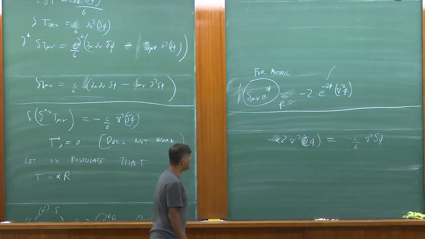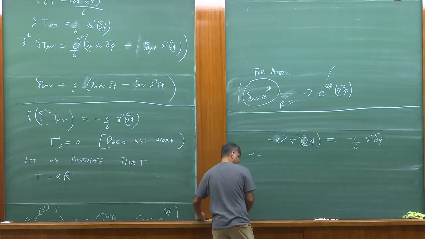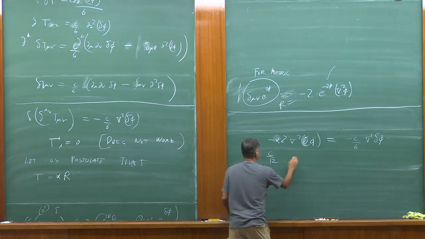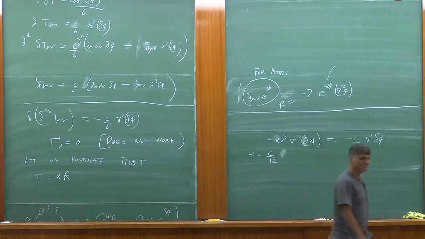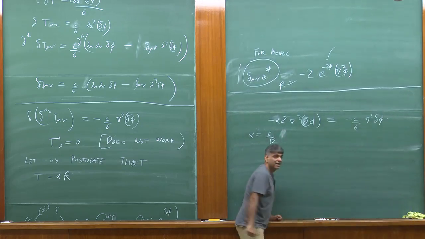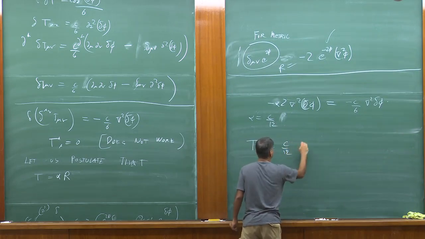So it all works if we identify alpha as equal to C by 12. I won't swear I've got the sign right, but up to the sign, the number is correct. C by 12, I remember. I'll ask you to check my R formula and so on for the sign. And therefore we conclude that it must be that T is equal to C by 12 times R.